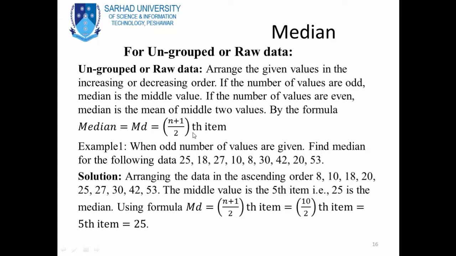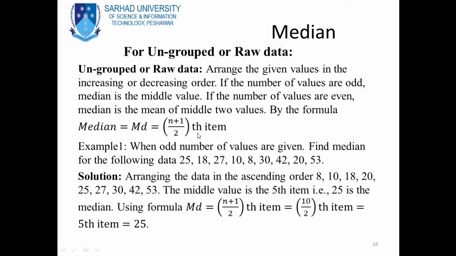Median is the most meaningful measurement of central tendency. For the arithmetic mean, the order of the data is not necessary. But for the median, the order of the data is compulsory. First of all, write the data in ascending or descending order, and then divide the data into two portions.